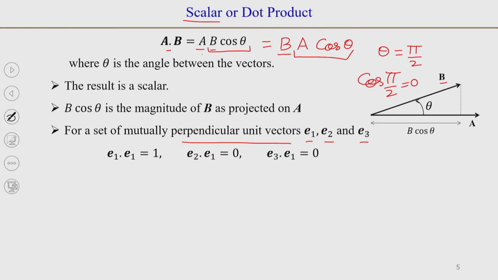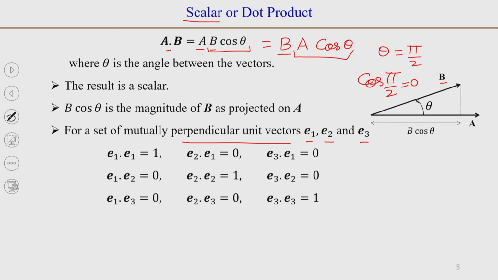If a vector is multiplied by itself, then the angle, so unit vector e_1 dot e_1, the angle between them is 0. So, that will be the product is 1. e_2 dot e_1, the angle is 90 degrees, so it's 0. e_3 dot e_1 is equal to 0. Similarly, you can have other combinations of these.